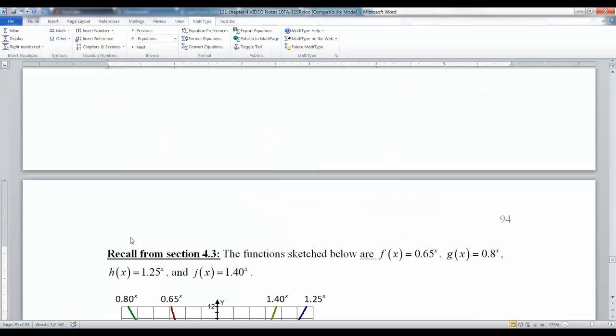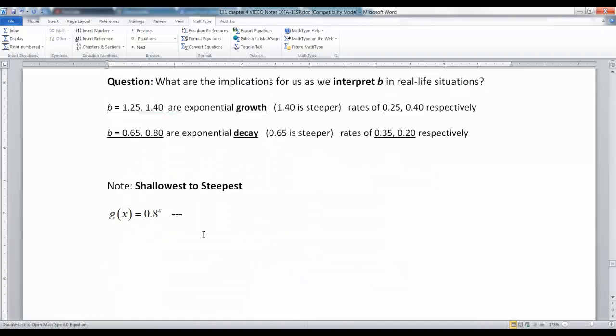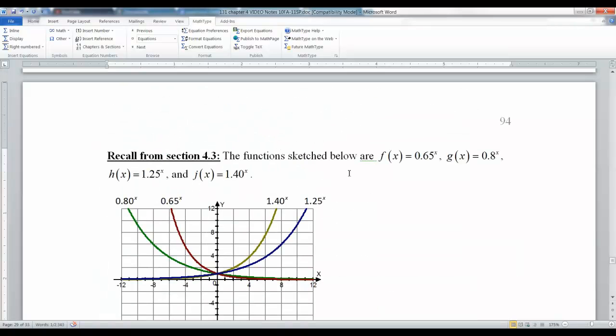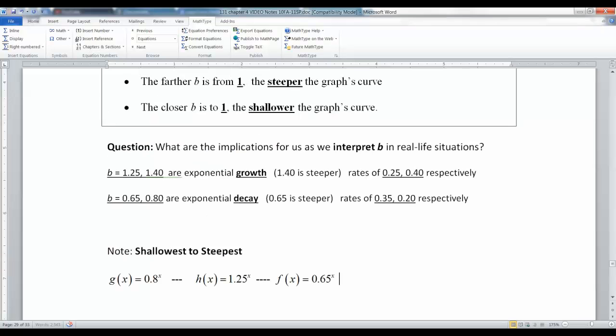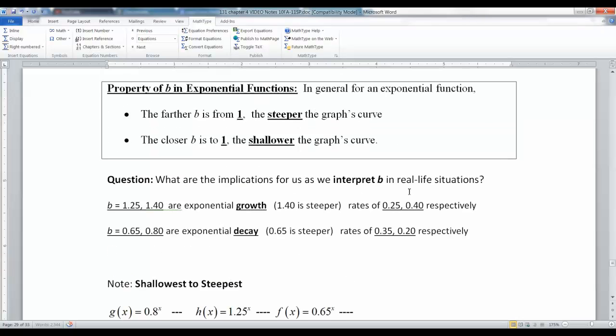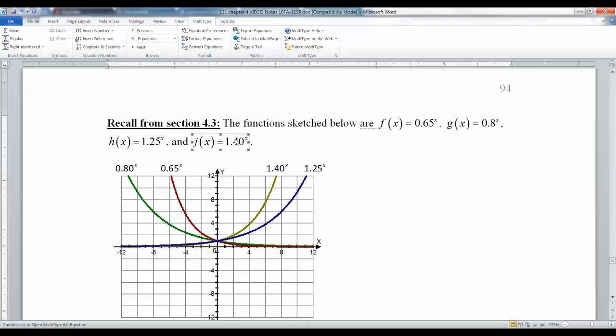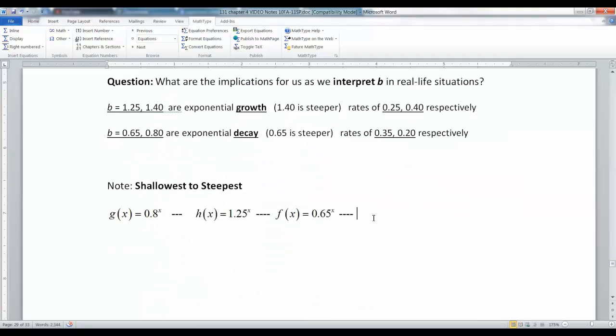So 1.25 would be next. That'd be the next shallowest because it's the next smallest number for growth. And then 0.35 would be next, so 0.65 would be the next steepest. And then, let's see, the 1.40 has the biggest number with it. So it'd be the steepest, right? So there you go, shallowest to steepest.